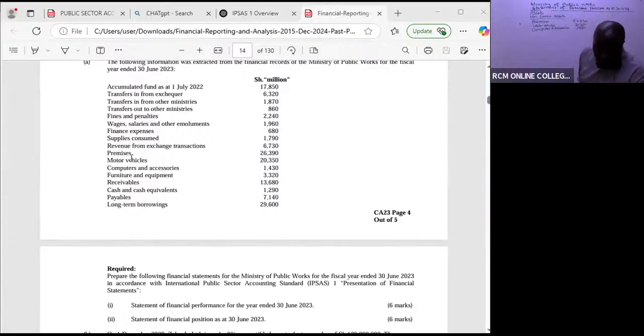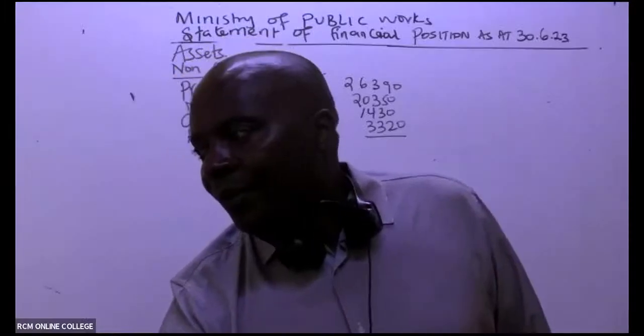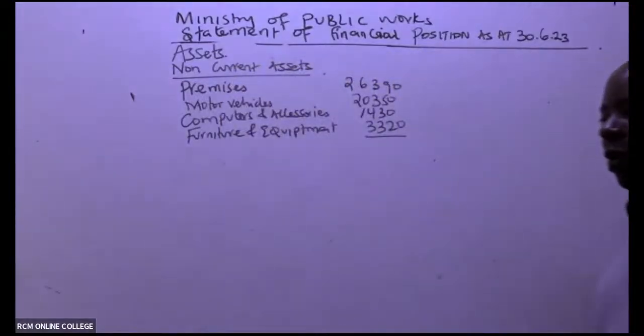And then we have furniture and equipment. How much do we have there? 3320. Give me the total for our non-current assets. Is there somebody who can give me the total now for our non-current assets?